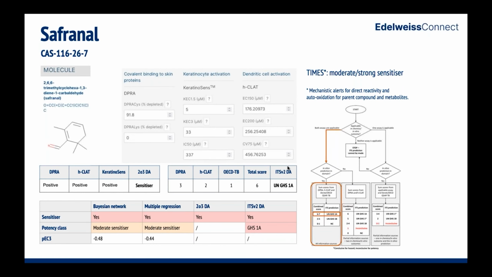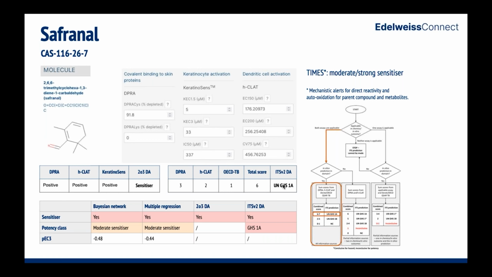And following ITS version 2, the score contribution was 3 from DPRA, and the score contribution from h-CLAT was 2. And in the OECD Toolbox, there was a structural alert, so the score contribution was 1. So for Safranal, the total battery score within ITS V2 was 6.